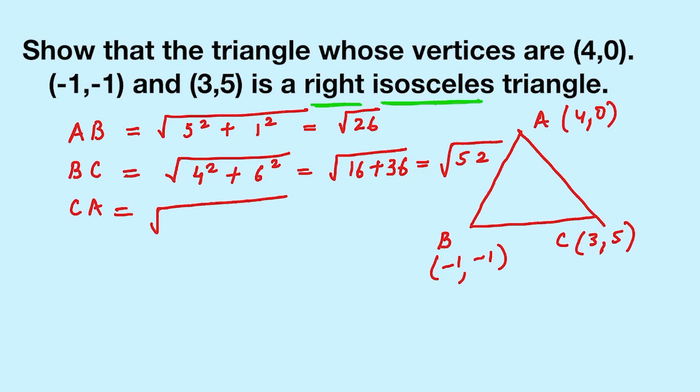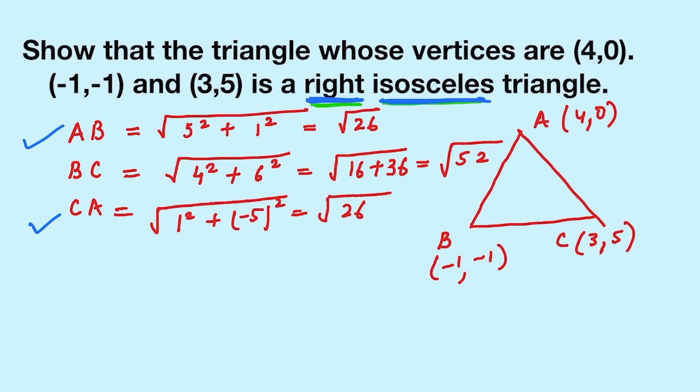CA is (4 minus 3), 1 square, plus (0 minus 5), 5 square. So what you get? Root 26. Right? Now directly we can say that it is an isosceles triangle. Why? Because AB is equal to CA. Since any two sides are equal, we are getting that AB is equal to CA, therefore it is an isosceles triangle.